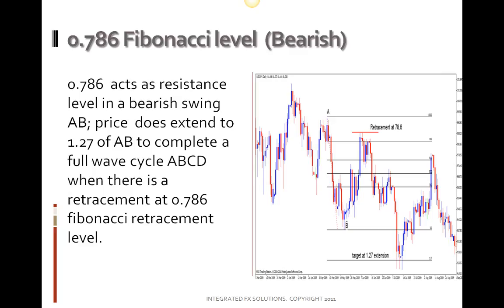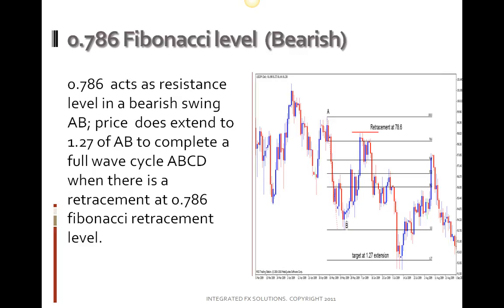On our chart, price started from a point A, dipping till it got to point B to form a support. Once the support is formed, it rallied and retraced to 78.6 of AB.